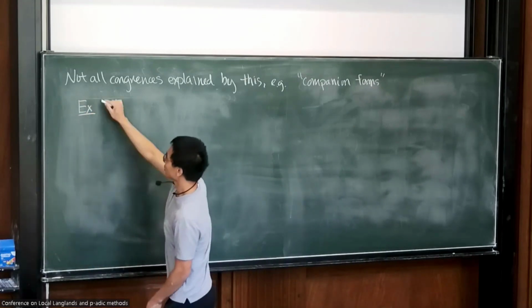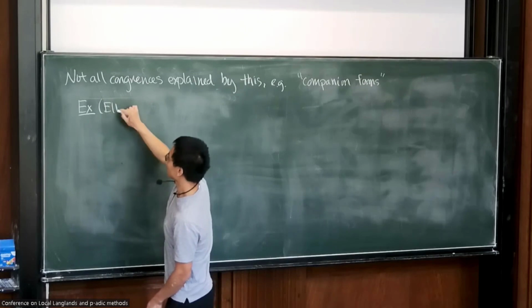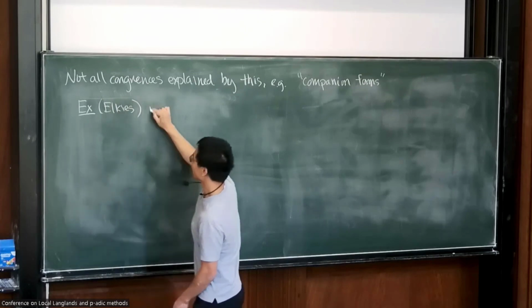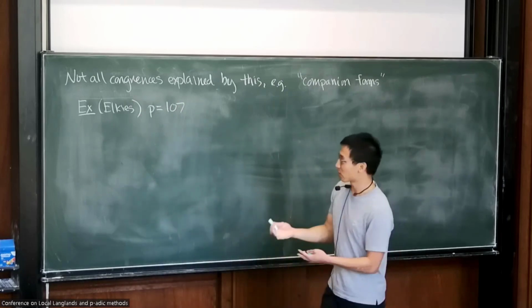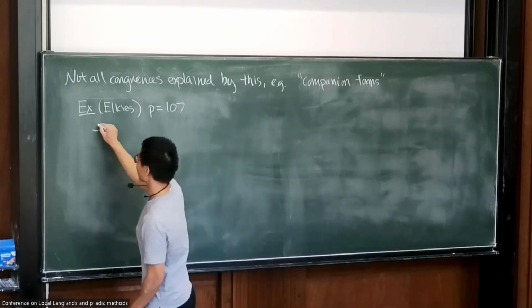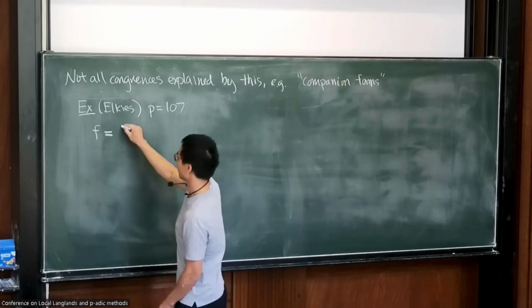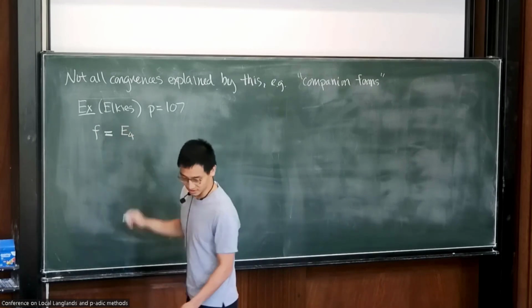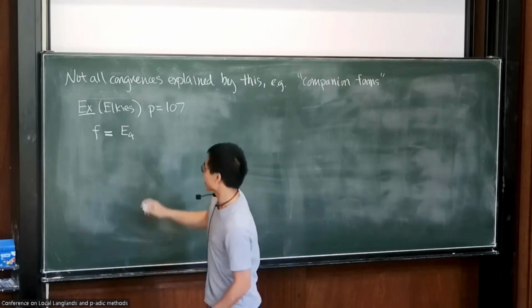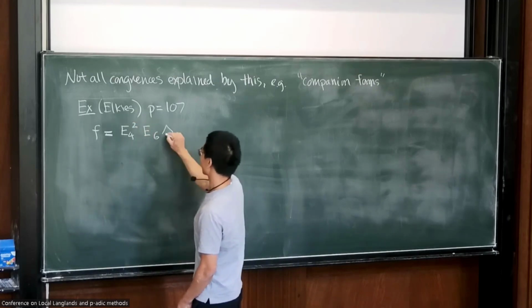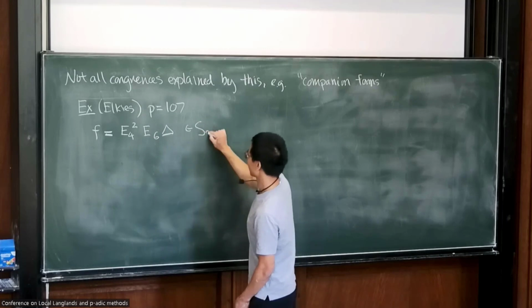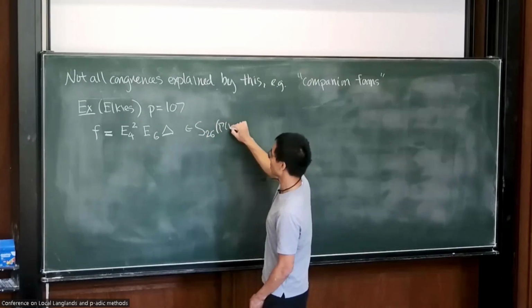So the example, which was found by computer search, will occur at the prime 107, and there will be two modular forms involved. So one of them will be called F. F is going to be a modular form of weight 26 of level 1.